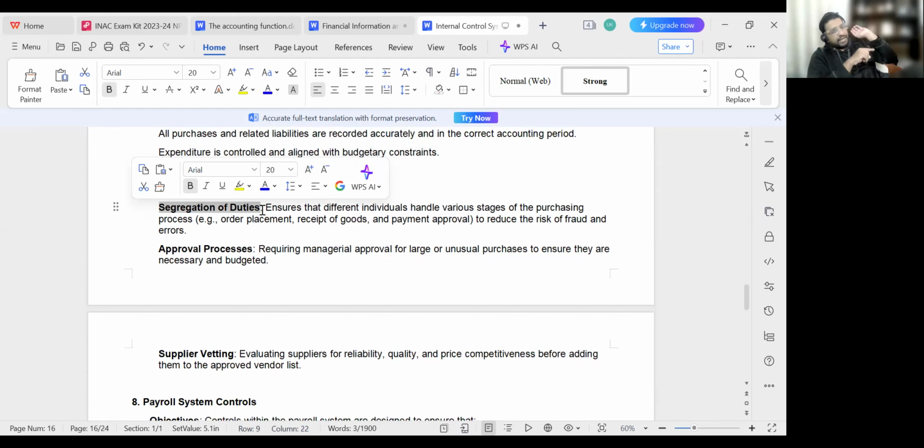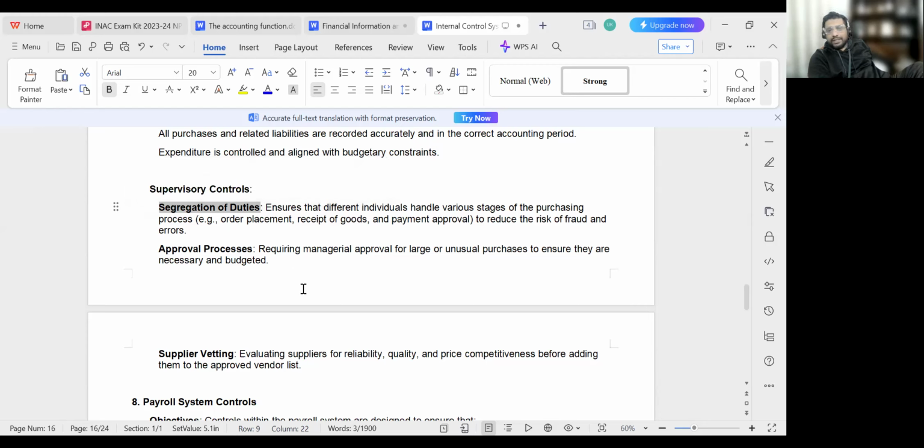If the same person is making the orders and has the authority for the approval of payments as well, there is a possibility that you're going to have fictitious purchases. He would make the purchases, never receive those goods, and collude with the supplier, and he would get the amount, and he would never receive the goods. So segregation of duties is very important here.